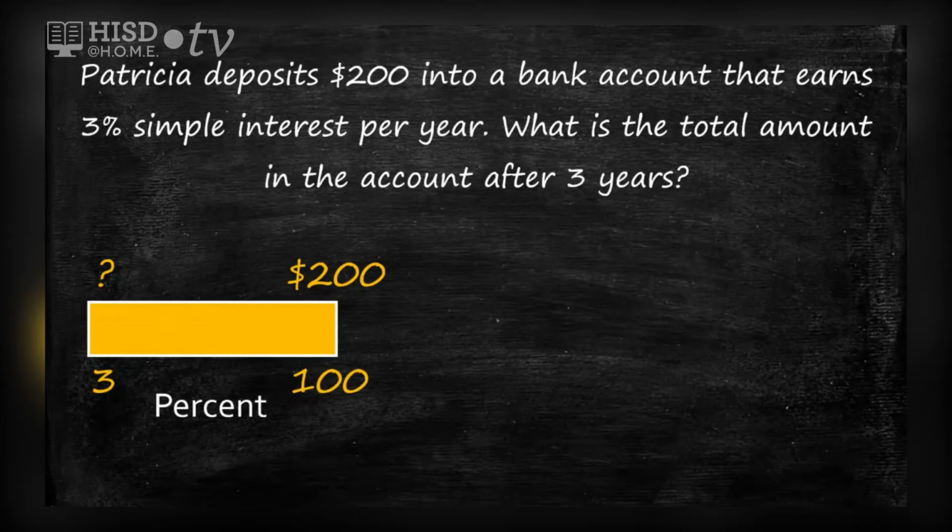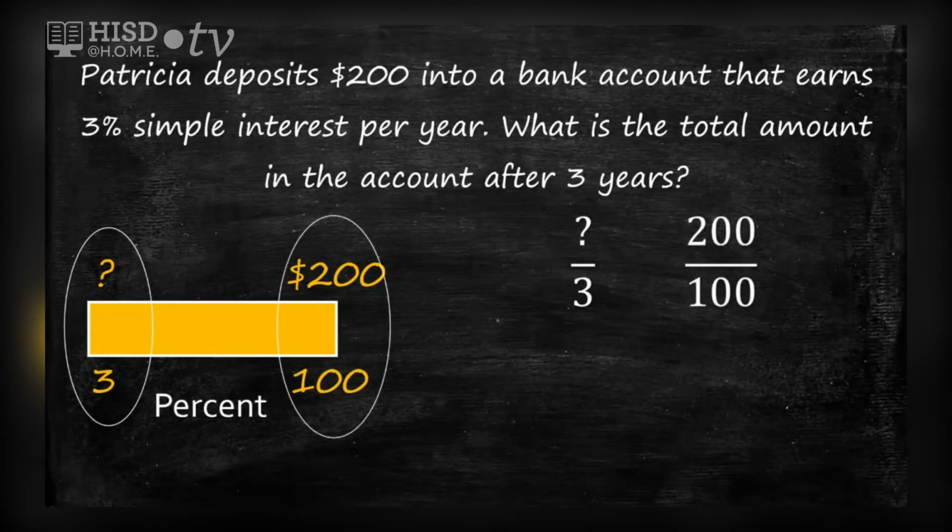Well, because I can take these numbers and make it into fractions. I can say that the variable on top of the 3, and the next fraction is going to be 200 under the 100. By putting an equal sign, I am making this a proportion, because I'm saying that those two fractions are going to be equal.